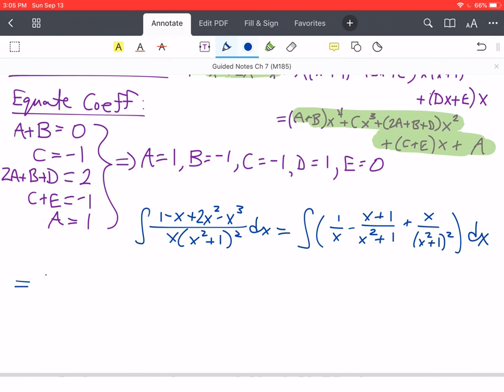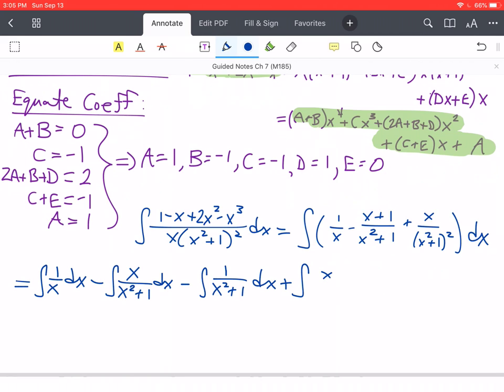So this is going to give us integral 1 over x dx minus, and this minus applies to the whole thing, integral x over x squared plus 1 dx minus integral 1 over x squared plus 1 dx, and then plus integral of x over (x squared plus 1) squared dx.